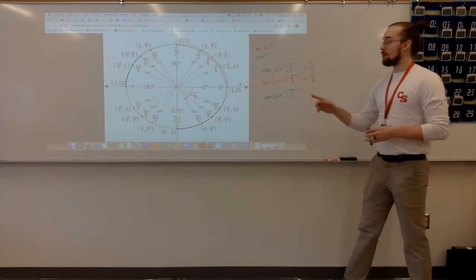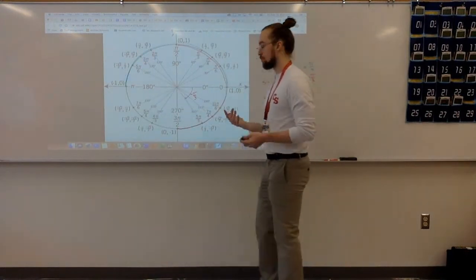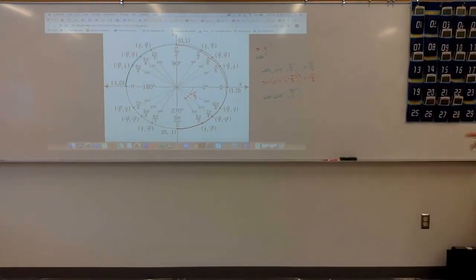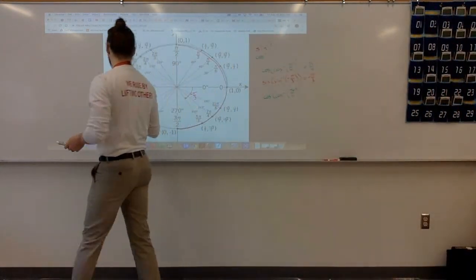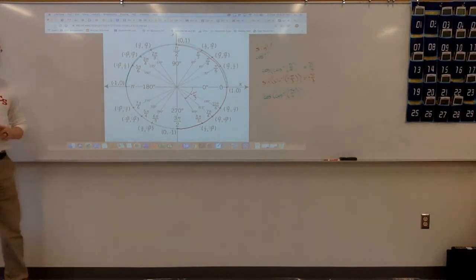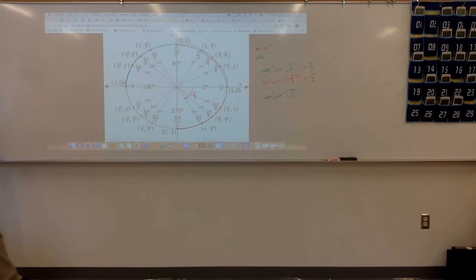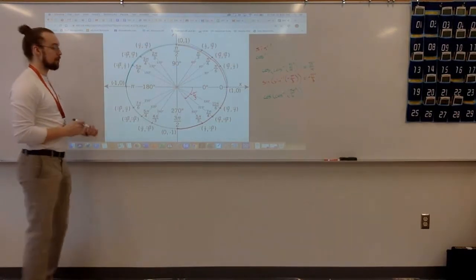So we know that our range for inverse cosine just goes from 0 to pi. 7 pi over 6 is not within that range. However, on the unit circle, a lot of the x values end up being the same, because we know cosine, we're looking at the x value.